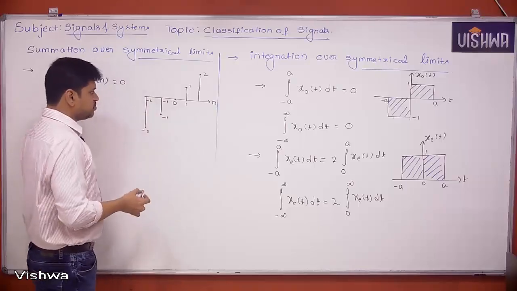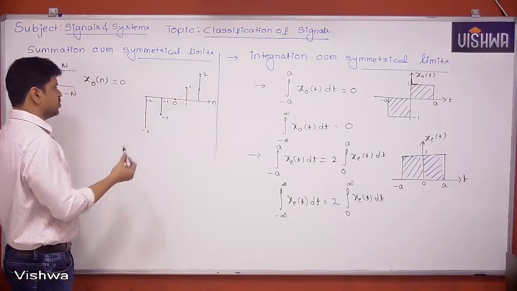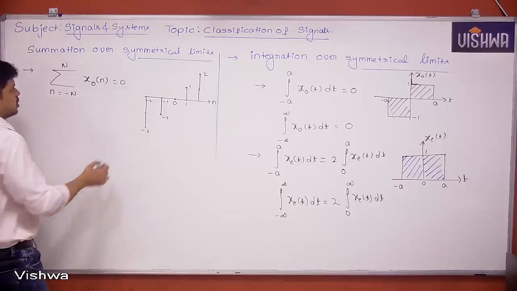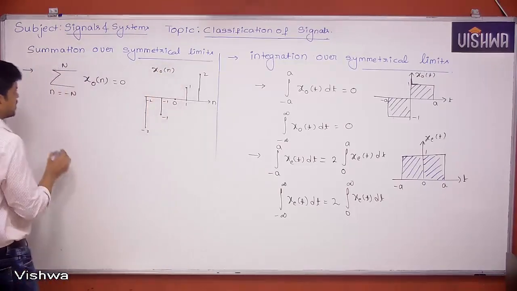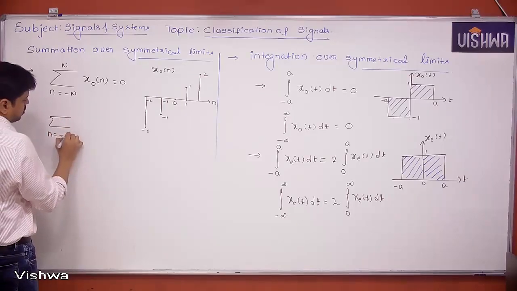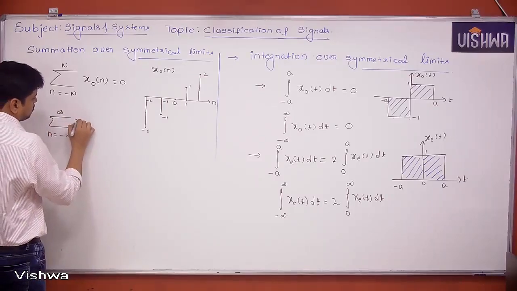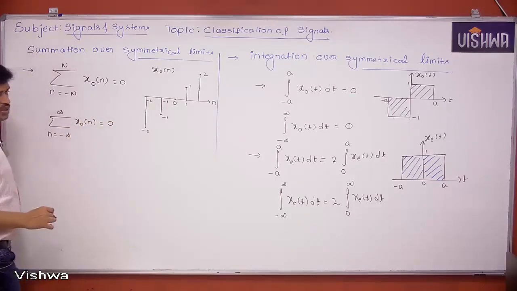If we add them, minus 2 plus 2 get cancelled, minus 1 plus 1 get cancelled, and finally we are going to get 0. So this is what an odd signal does. We can extend this to infinity also: summation n is equal to minus infinity to infinity of x odd part of n is equal to 0.